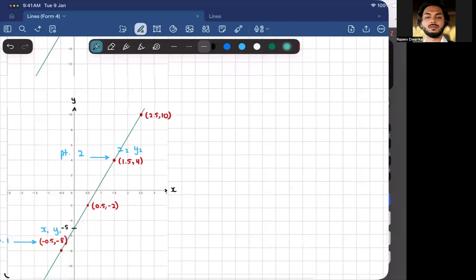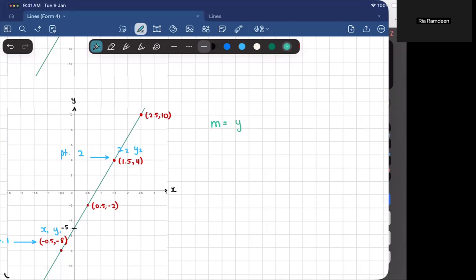Okay. So remind me, what is the gradient formula? Remember, is it change in y over change in x? Y2 minus Y1. Wait, okay, Rita. If I ask you to find the change, if I ask you how much you changed, wouldn't you compare who you are now to who you were in the past?